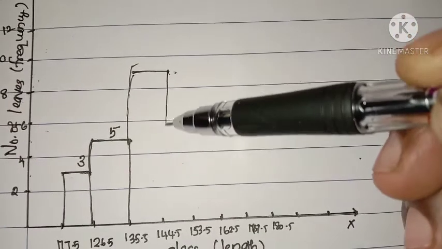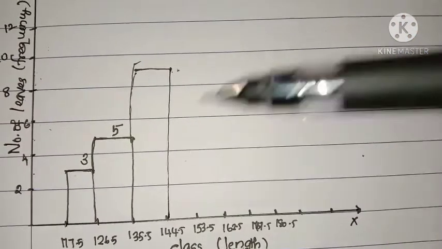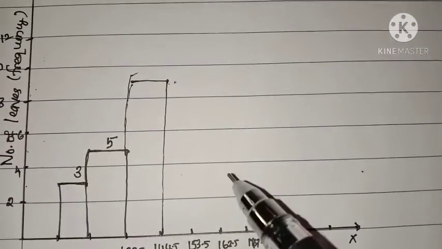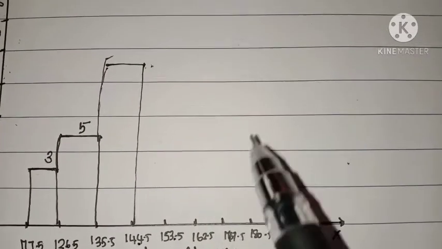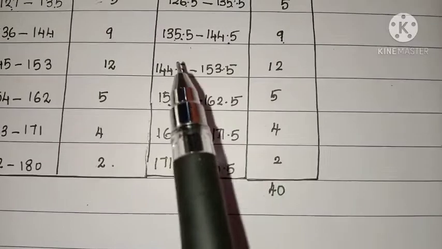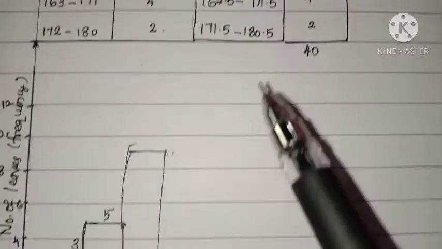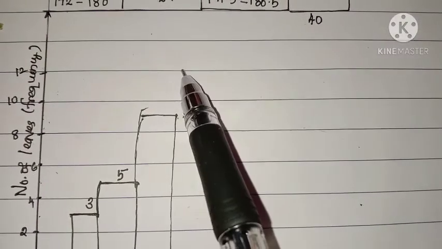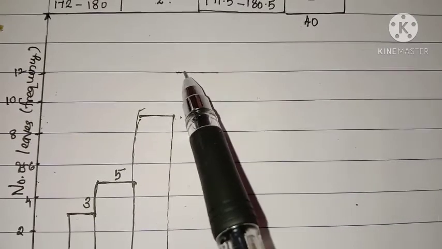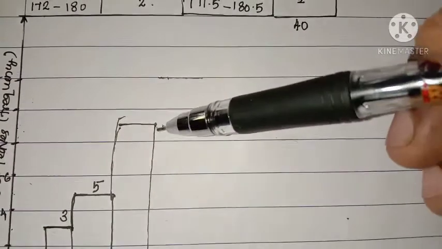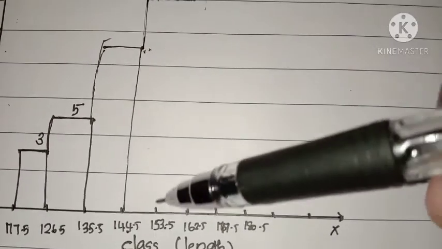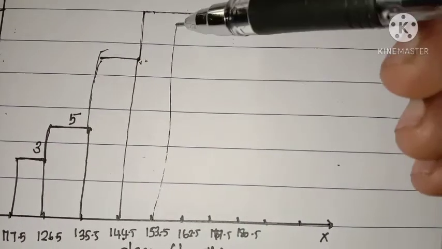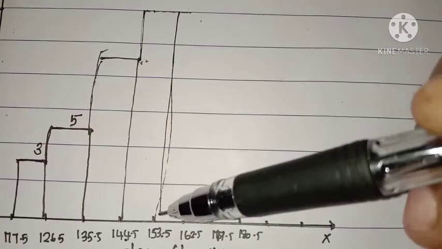Using a scale you can draw neatly. Now next class is 144.5 to 153.5. Height is 12, 12 frequency. So join and draw the rectangle. Draw it vertically.